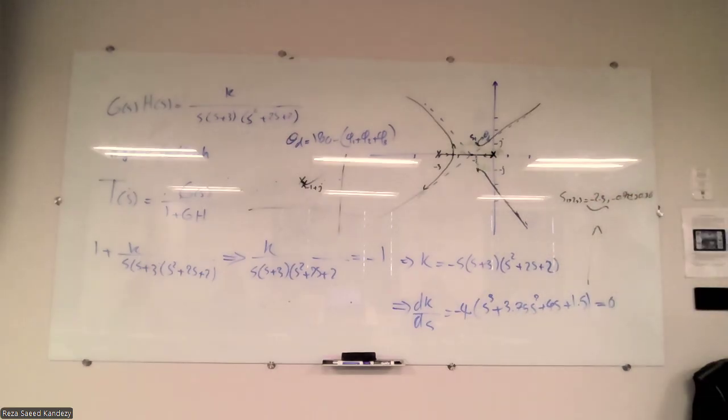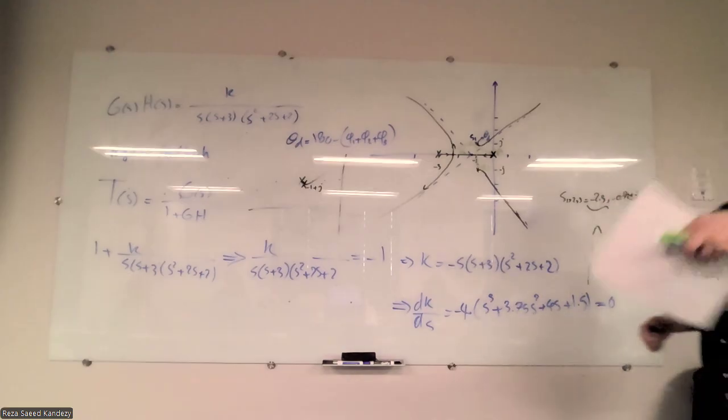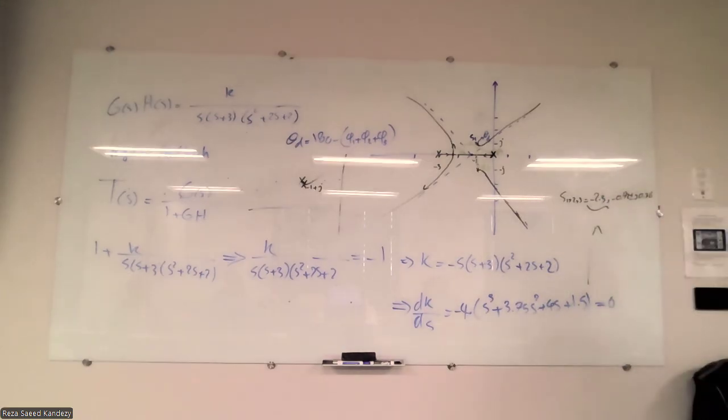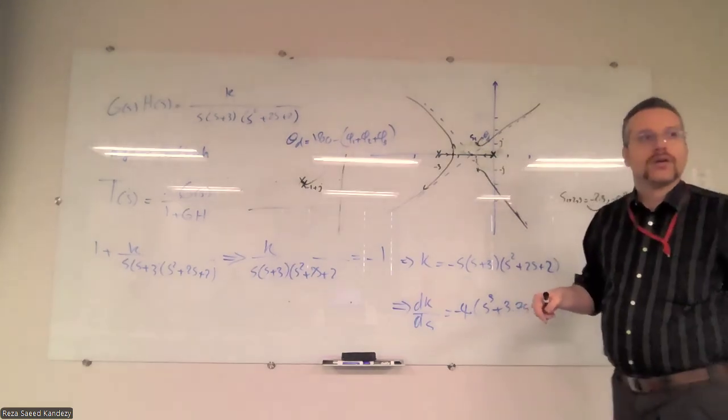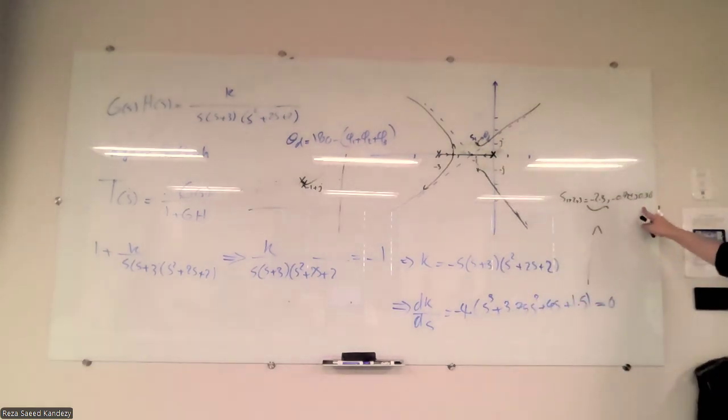That's actually a very good point. I wanted to add that. When you want to draw the root locus, you might think, how do I know this curve is like this? You can use these two values because they are going to be the max and min values of the trajectory.